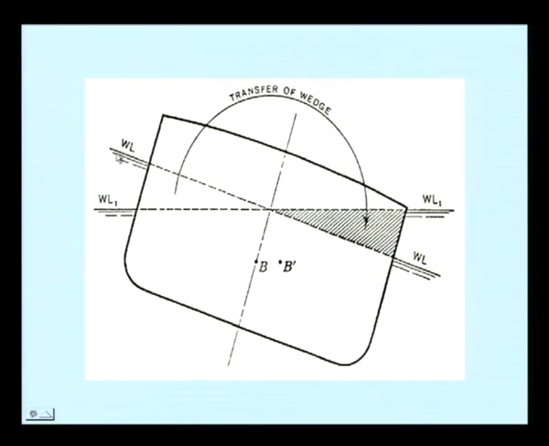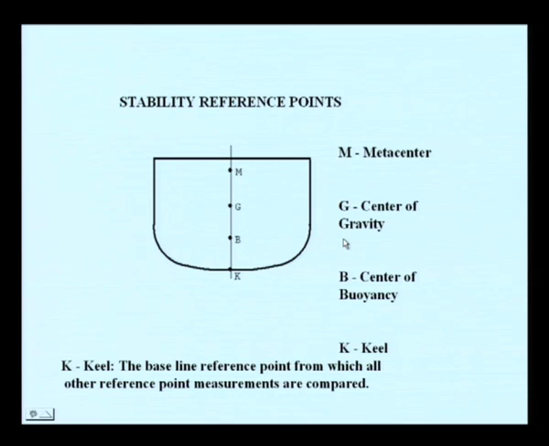Then when it tilted, the water line became WL like this, and B shifted from here to B prime. So, there is a transfer of wedge to one side. These are the different points you need to know. M is the metacenter, which will mostly be at the top. G is the center of gravity, coming below it, then B is the center of buoyancy, and K is the keel.